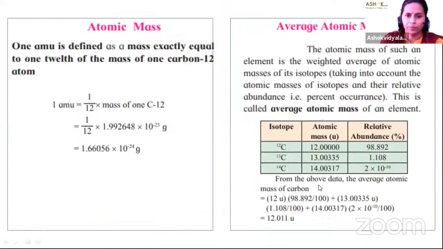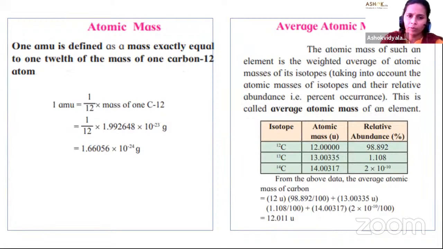After that, we have seen atomic mass. When you want to calculate the atomic mass of any element, you have to consider carbon C12 as a reference element. The mass of one atom of carbon-12 is 1.992648 into 10 raised to minus 23 gram.